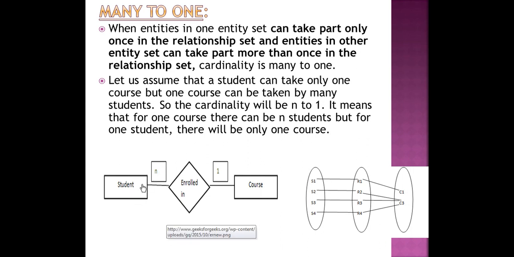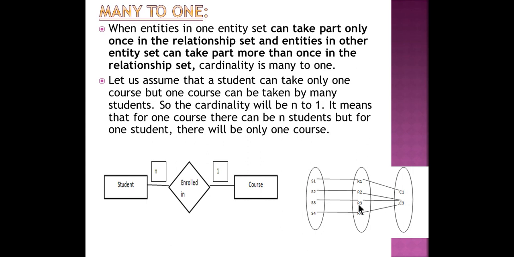See, n is written here to represent many, 1 is written here to represent 1. And you can also use the asterisk symbol to represent many, right? So the asterisk symbol and 1 can be written here to represent many to 1. So many to 1 is simply the opposite of 1 to many.